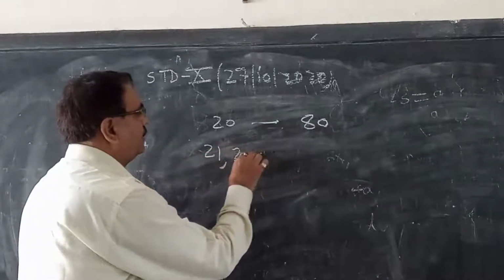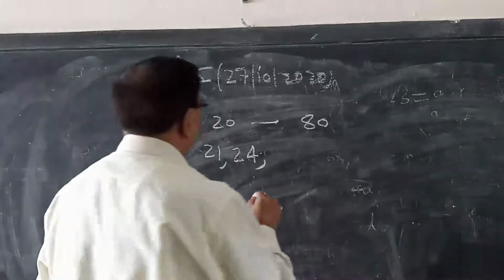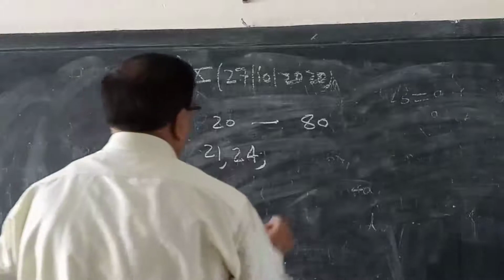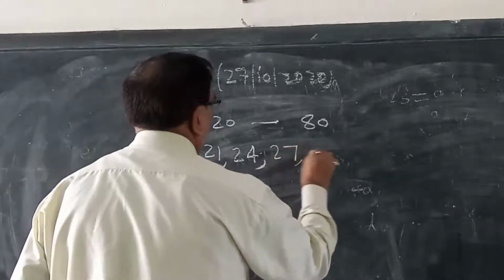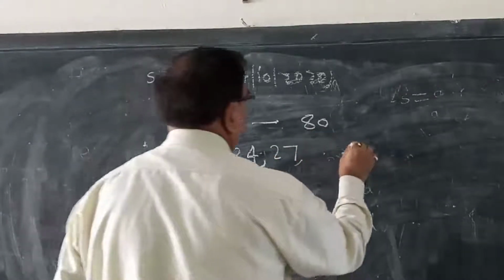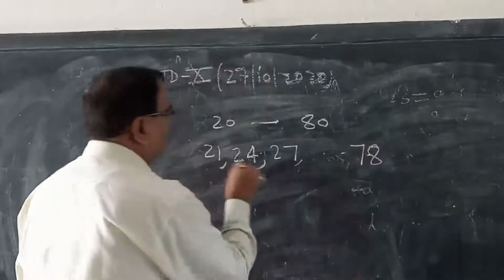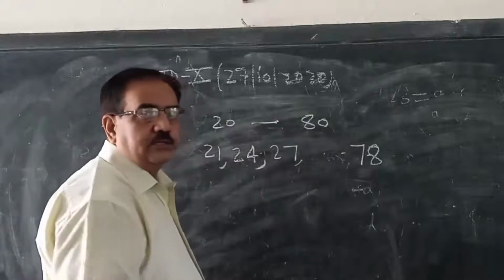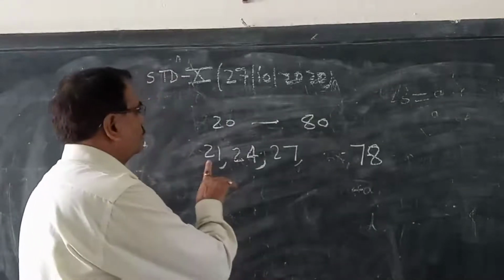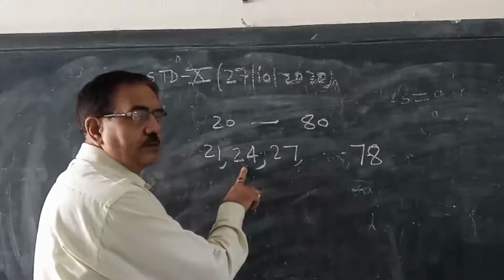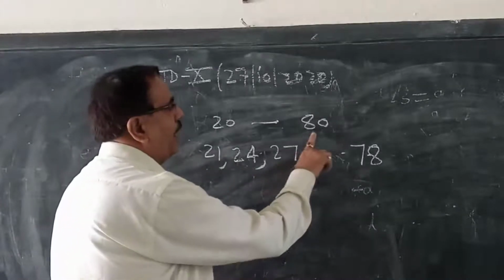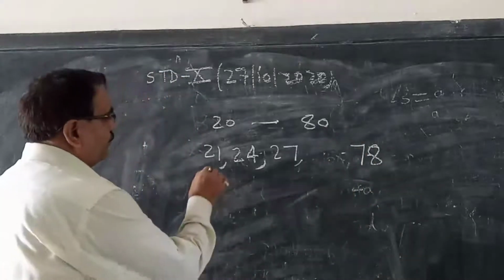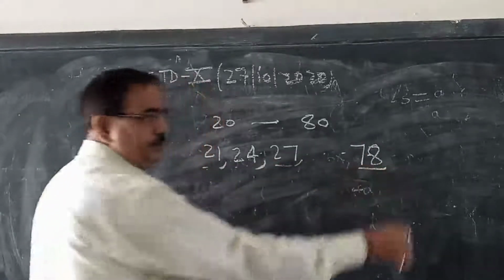Next 24, next 27, and so on, before 80, the last is 78. These are the numbers between 20 to 80 which are divisible by 3. Now see whether it is in AP or not.